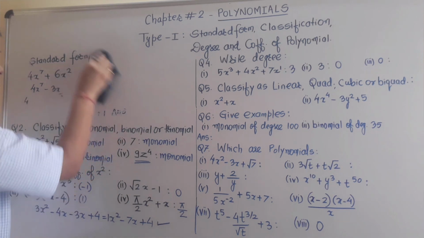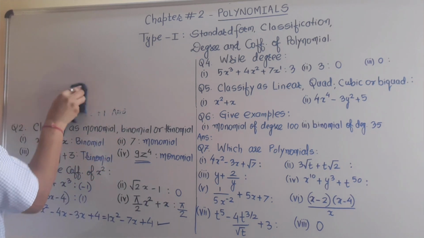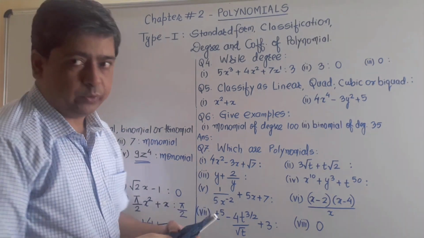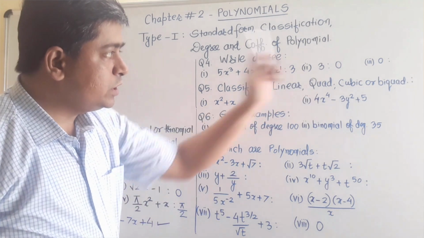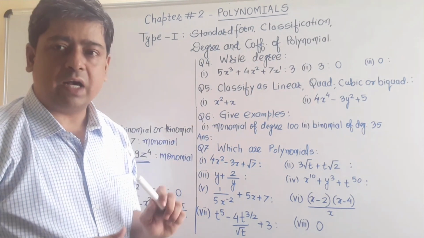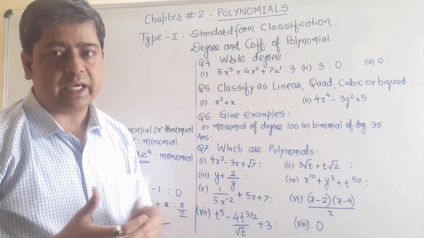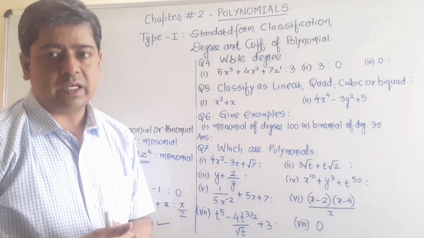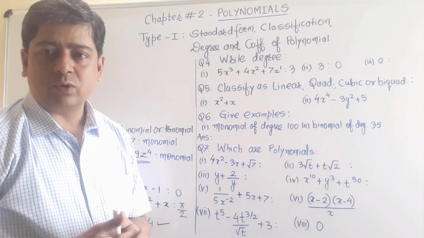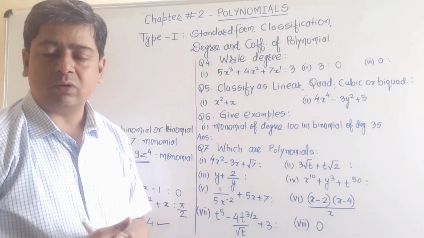So see, in the third part I have to explain a little more to you. Now if 0 is given, in the previous question I took x to the power 0 and said the degree is coming 0, because I can take 3 along with x to the power 0 and find the degree over there.